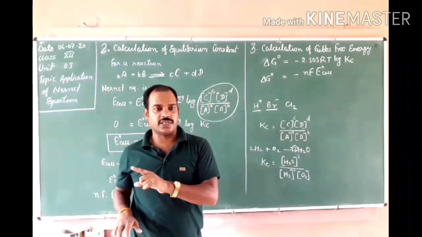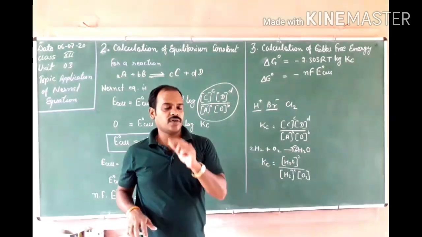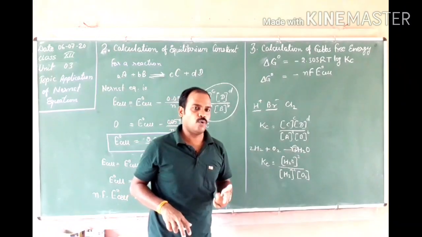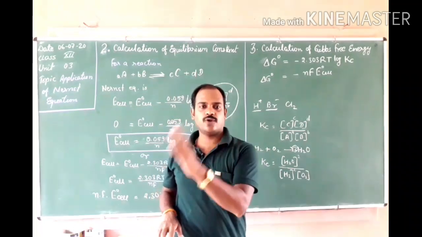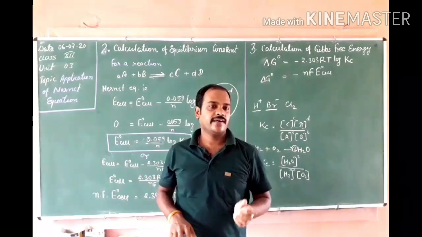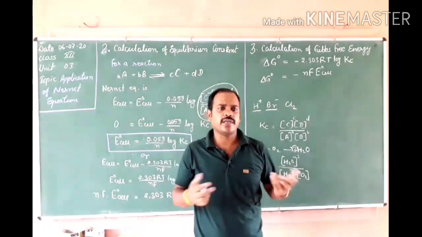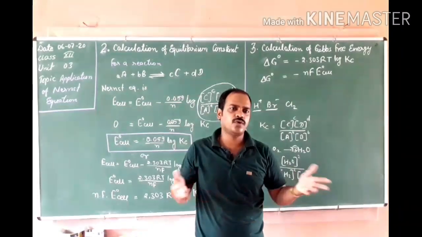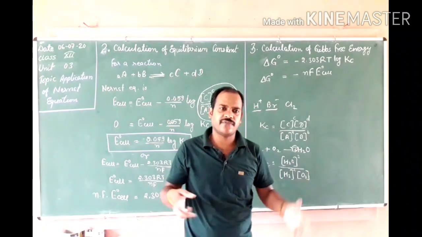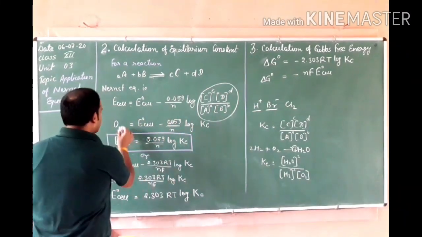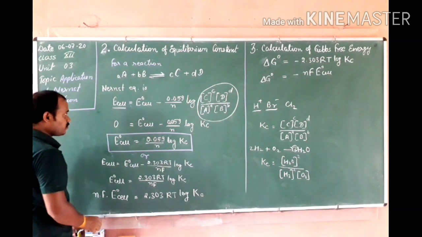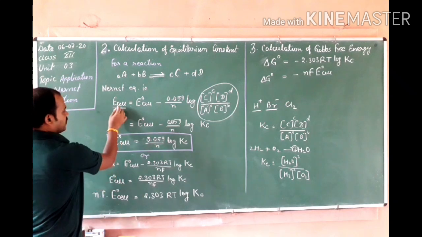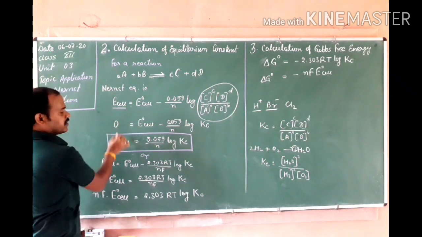There will be no change. So if there is no change, then what will be the electrode potential? We know that the cell potential is the difference of the electrode potentials of anode and cathode. But when there is no net reaction, there will be no potential difference. In that condition, this E cell will become 0. So in place of E cell, we will write 0.